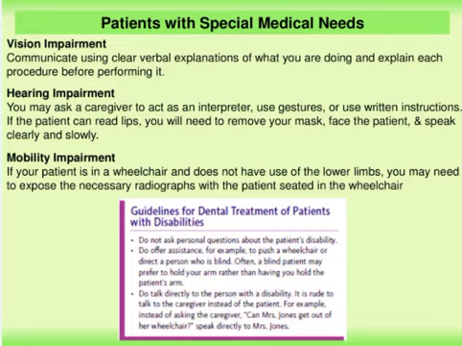You cannot ask a hearing impairment patient what is the reason for your hearing loss, or a mobility impairment patient what kind of disease do you have which made you have this mobility impairment. All these personal questions should always be avoided.